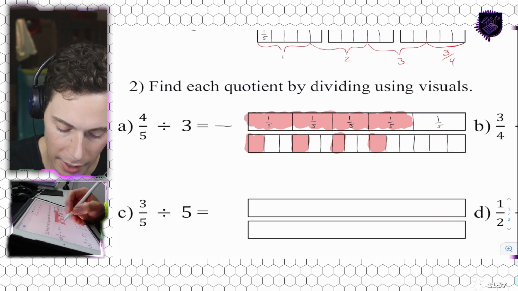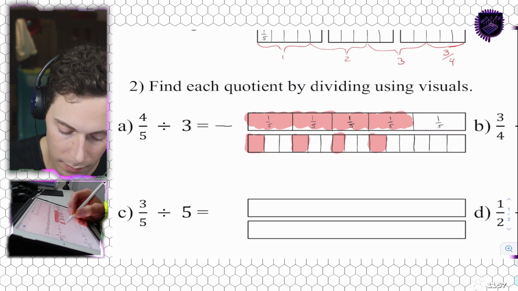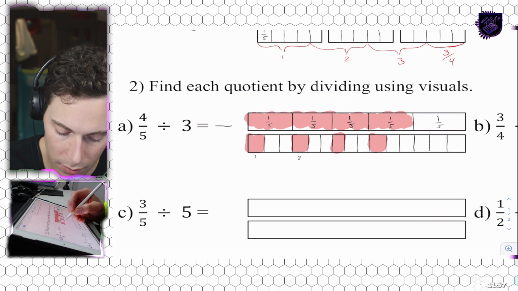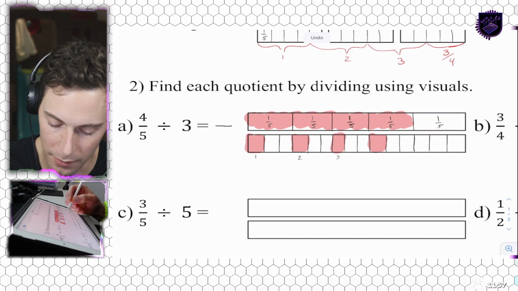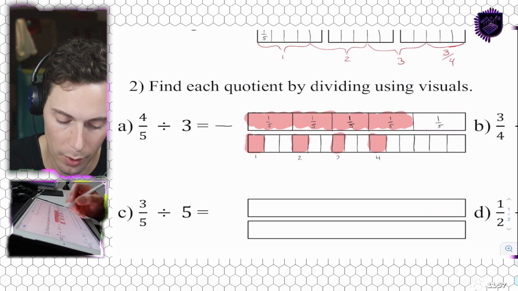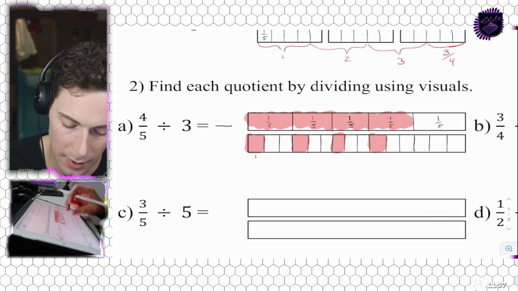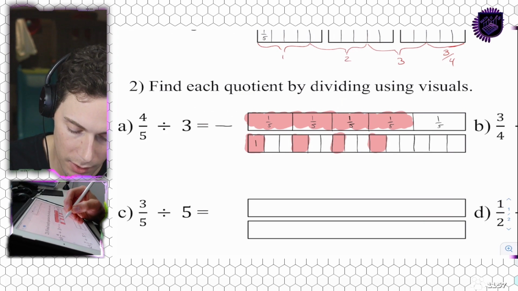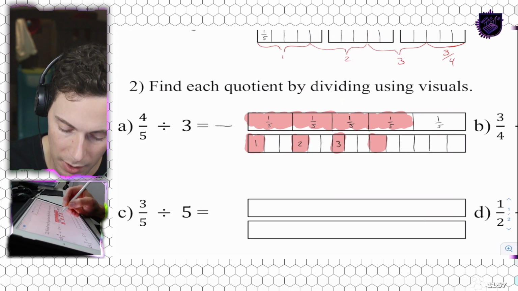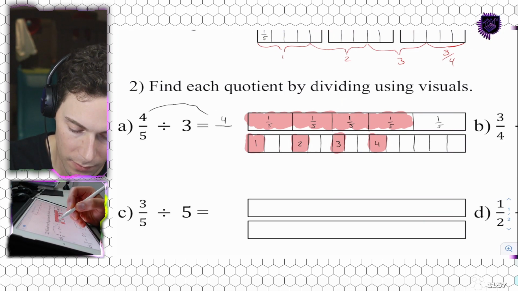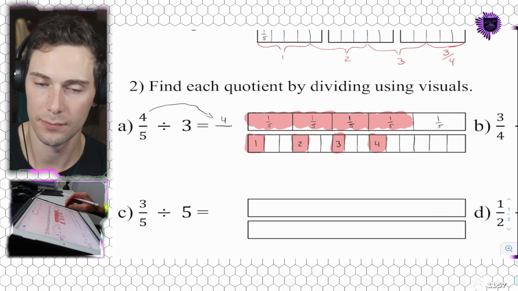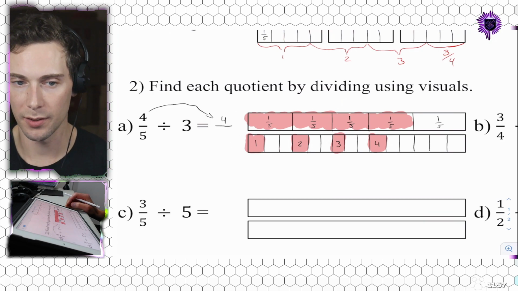So we have 1, 2, 3, I can't count, 4. We have 4 pieces. Maybe I'll write that inside. We have 1, 2, 3, 4 pieces. Interesting. So 4. We have 4 pieces.